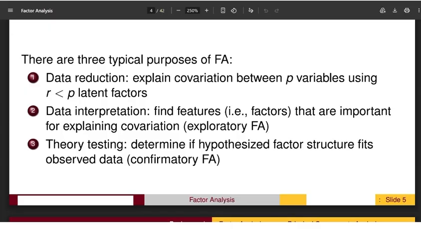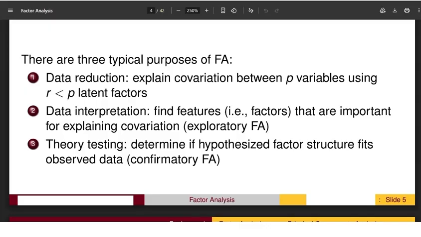Let me tell you this. Why do we say it's responsible for data reduction? Because the number of hidden factors that we are going to uncover should be less than the number of features. Of course, in principal component analysis, the number of artificial variables that we fabricate has to be less than the number of features.